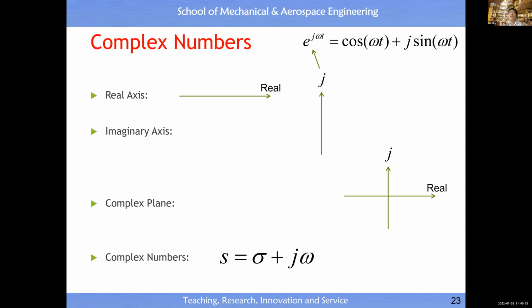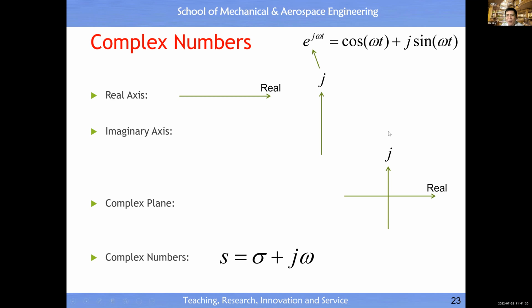So here I recommend you to just visualize the complex number as a vector in the frequency domain, because S is a vector which has a horizontal component and a vertical component. Sigma is the horizontal component, omega is the vertical component.